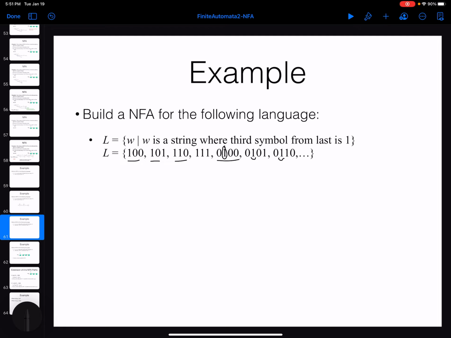Okay, to draw an NFA for this type of strings, basically the pattern is very easy.